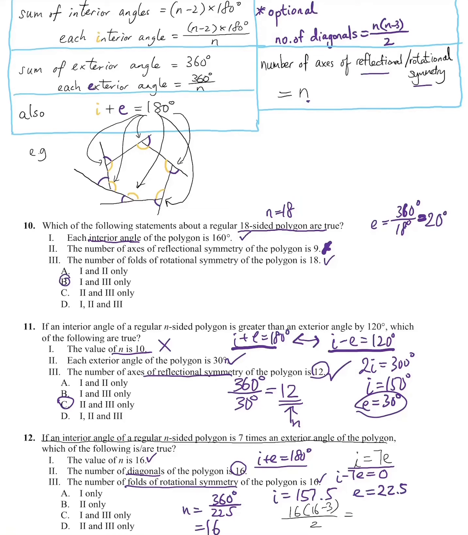So it's basically 16 times 13, then divided by 2. So there are 104 diagonals in this case. But we don't need to get that. The formula is here. The number is quite big, to be honest. So normally they only try to test you not to confuse the reflectional and rotational symmetry being n, mixed up with the diagonals.